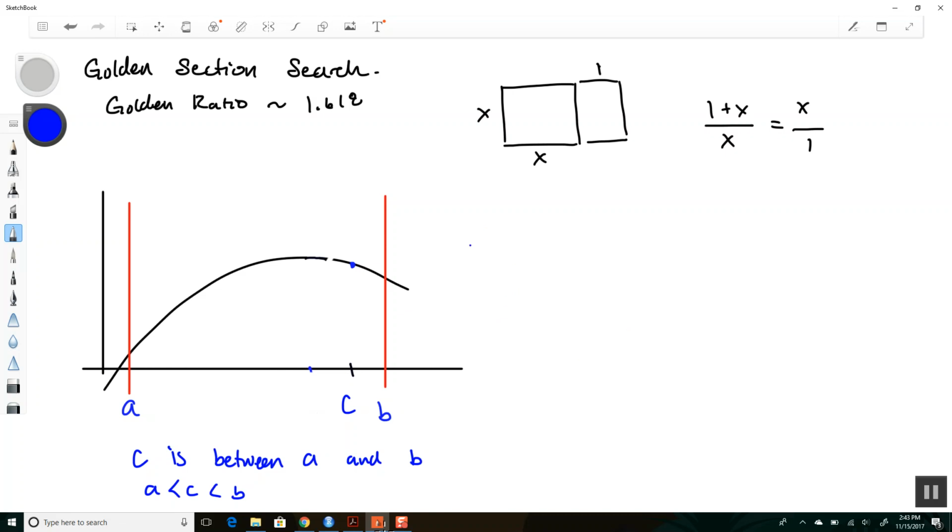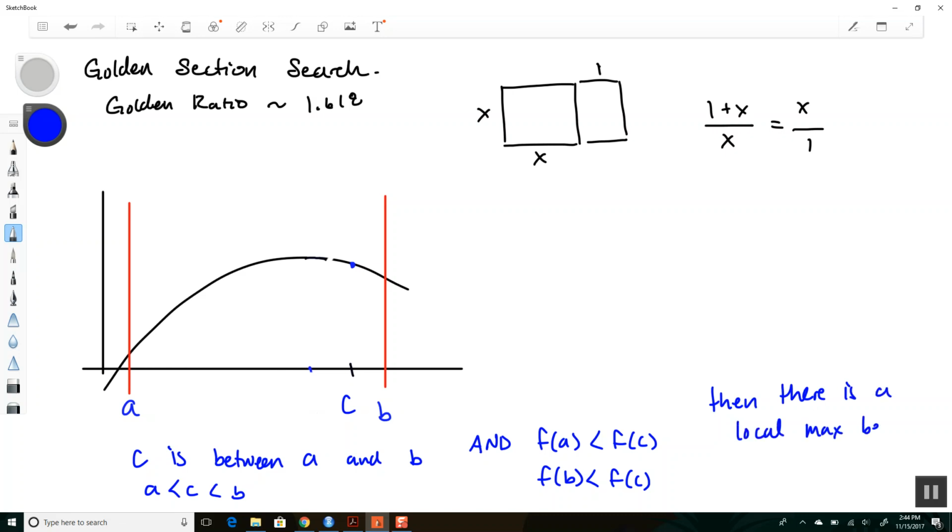And if f of A is less than f of C, and f of B is less than f of C, then there is a local max between A and B. That has to be true. It doesn't necessarily have to be C, but it does mean that there has to be a local max between A and B.